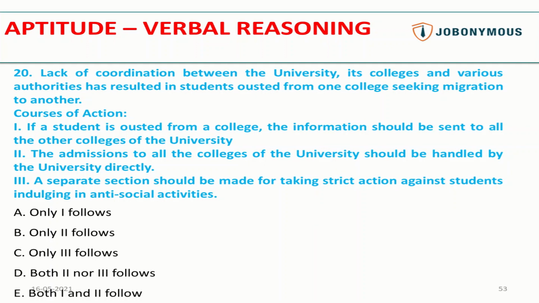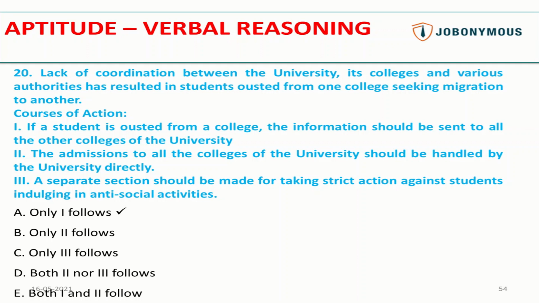The admissions to all the colleges of the university should be handled by the university directly. A separate section should be made for taking strict action against students indulging in antisocial activities. So you have to tell which statement follows. Only 1, 2, 3, both 2 and 3, both 1 and 2.